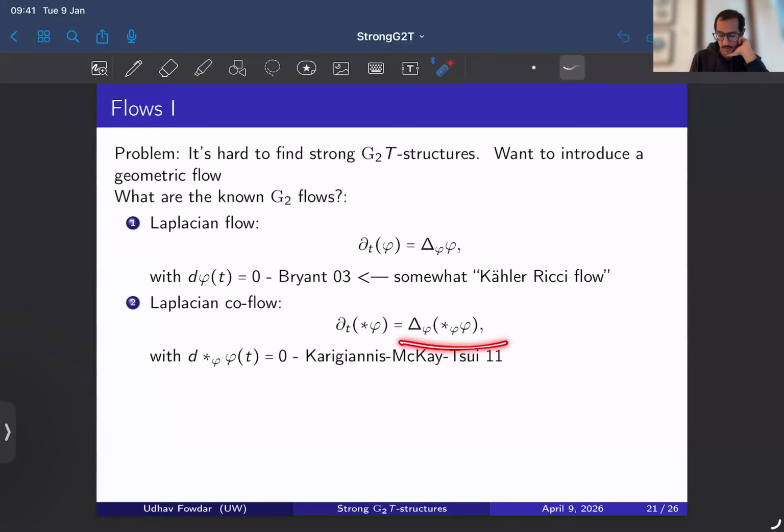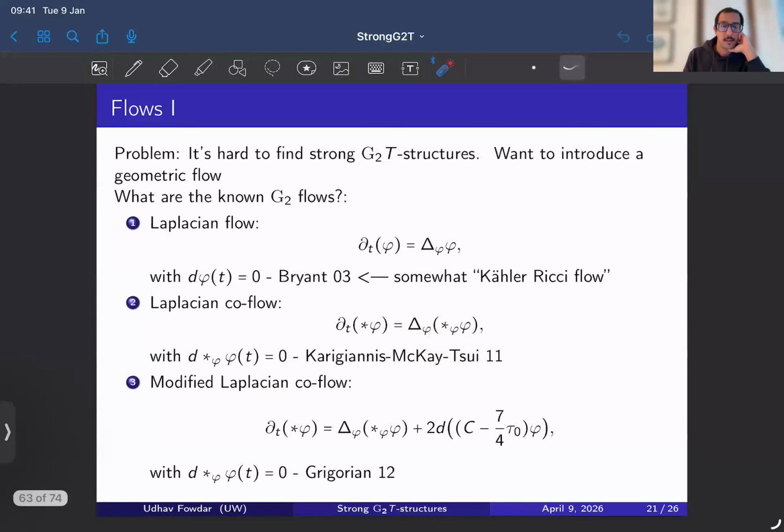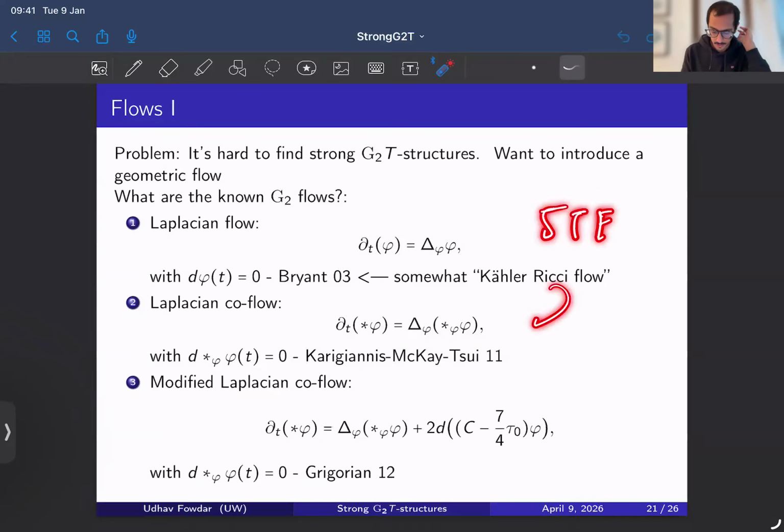And again, if the four-form is harmonic, then this implies that it will have to be closed as well. So again, it will be torsion-free. And the problem here with the Laplacian coflow is that it fails to have short-time existence. So while the first flow has short-time existence, this one does not have short-time existence.